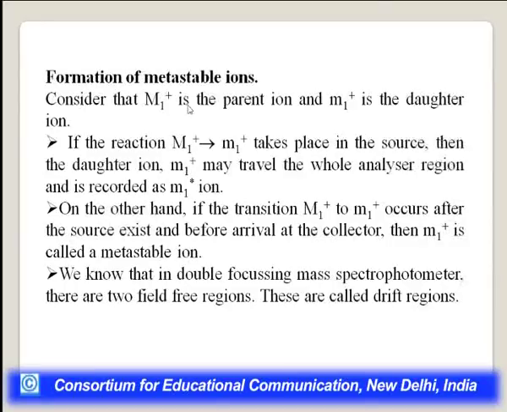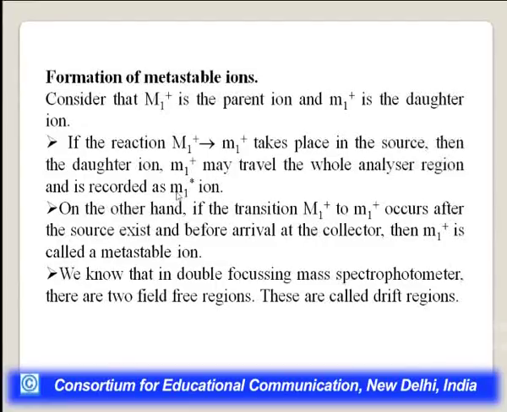Consider this is the parent ion and this is the daughter ion. If this reaction, that is conversion of parent ion to daughter ion, takes place in the source, then the daughter ion, that is M1 plus, may travel the whole analyzer region and is recorded as M1 star ion. This is nothing but the representation of metastable ion.